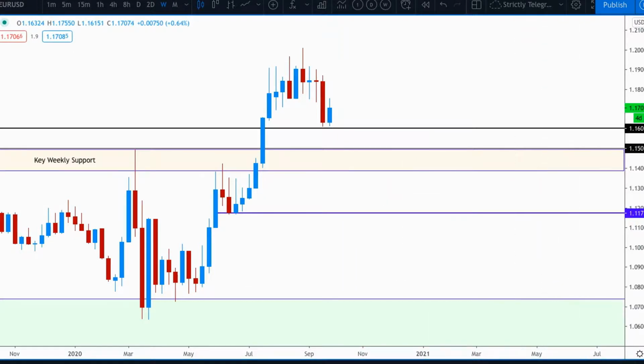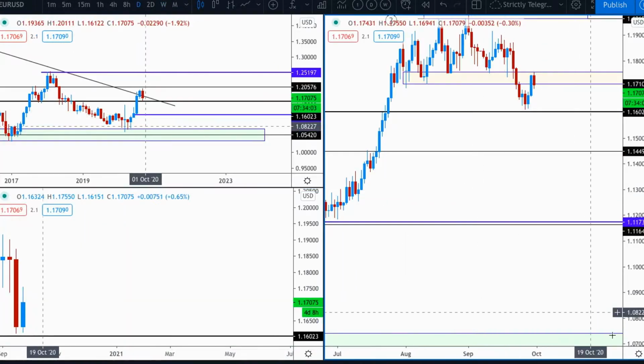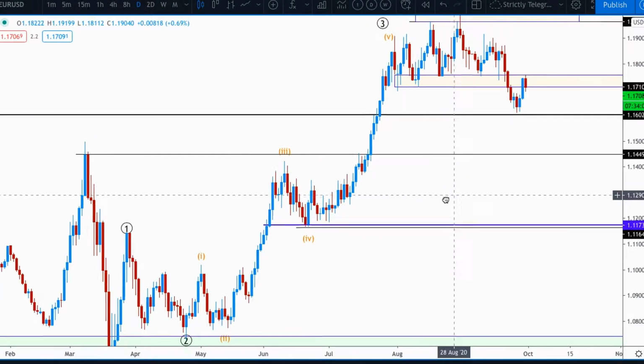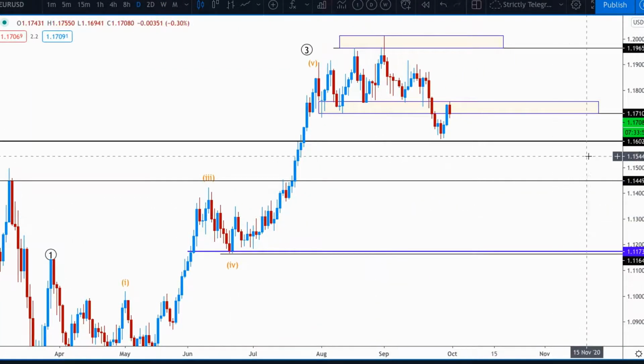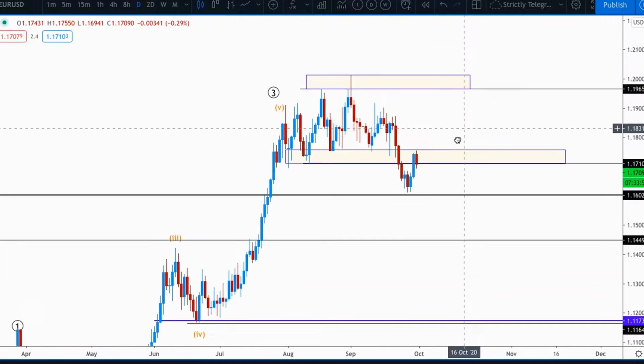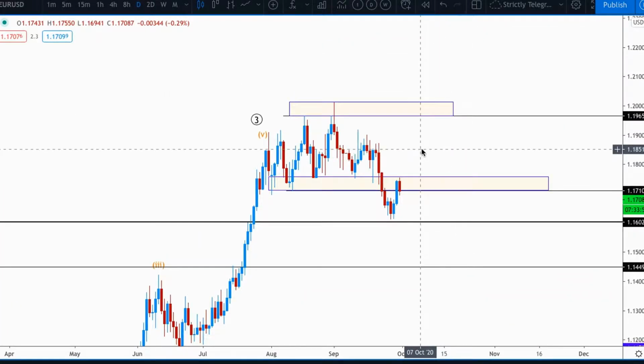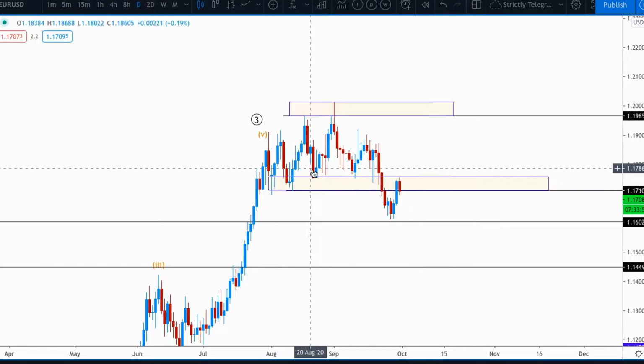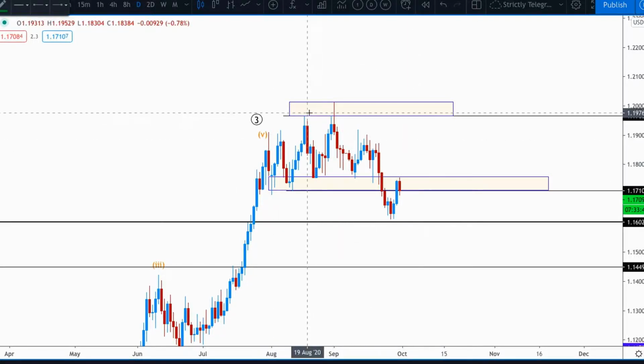Now, the final stage of analysis is to break things down on a 1 hour perspective. Or sorry, not a 1 hour, but a daily perspective. And from the daily time frame, what can we observe in the market? We find price consolidating in this area.